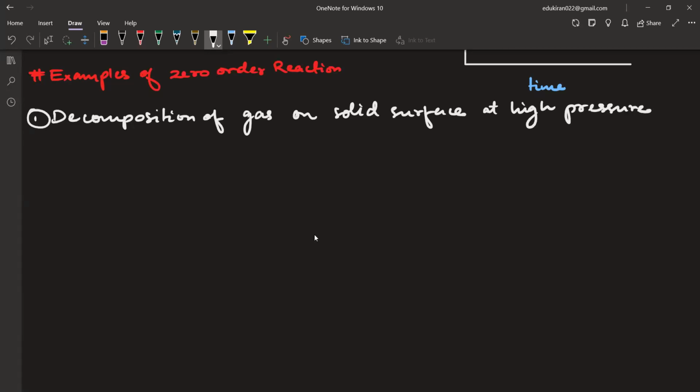For example, you have NH3 gas. In platinum solid, we'll get N2 plus 3H2.